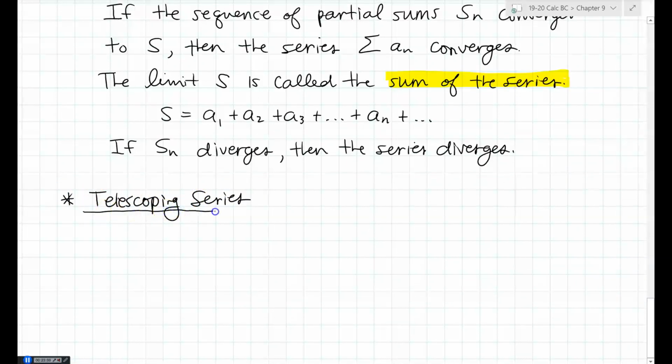So telescoping series look like this: b sub 1 minus b sub 2, plus b sub 2 minus b sub 3, plus b sub 3 minus b sub 4, et cetera.